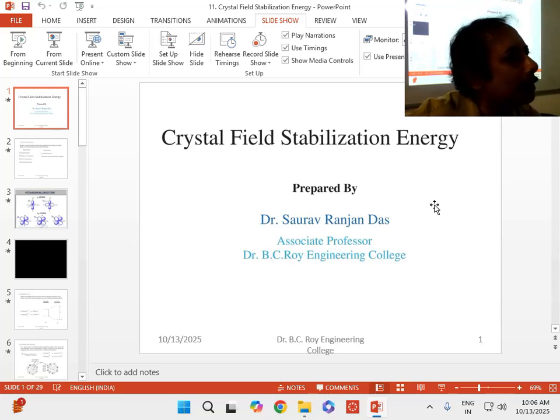All sorts of bonds are present. If only one type of bond is present, that is a simple one. If multiple bonds are present, we call it a complex compound. We can call it coordination complexes also, because most of the bonds there are coordinate covalent bonds. Followed? So these are the types of molecules.